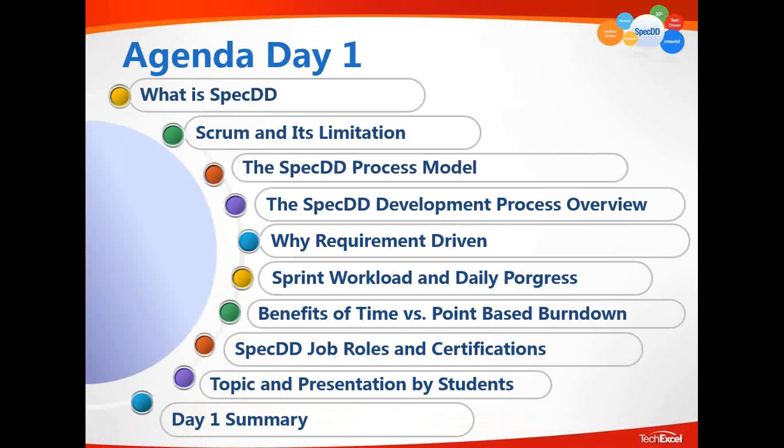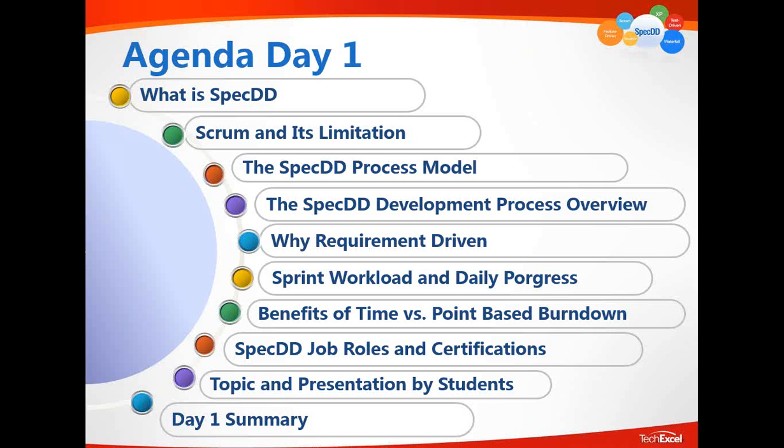So we'll talk about day one's agenda. We'll start with what is SpecDD, and then we'll quickly discuss the Scrum process and its limitations. And then we start to use a real-world project that I experienced to drive the idea of why SpecDD was created and why a requirement-driven, quality-integrated agile process is more suitable for real-world projects.